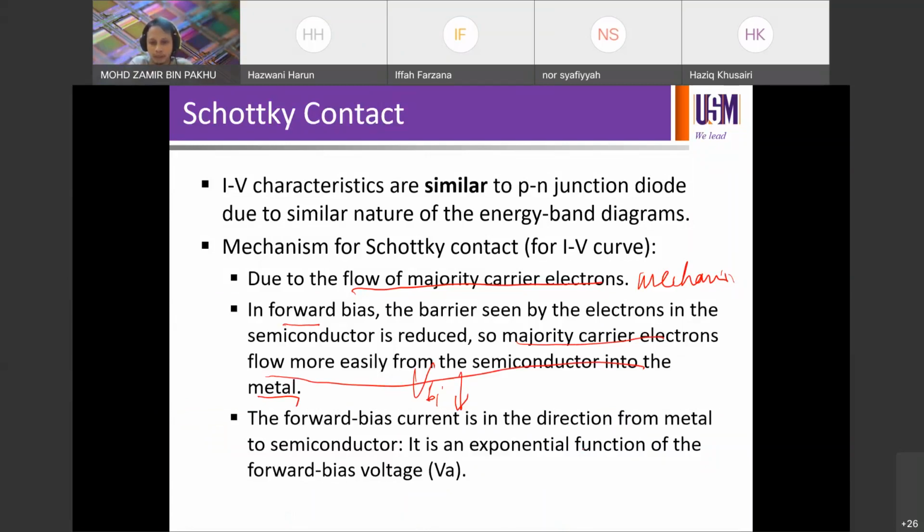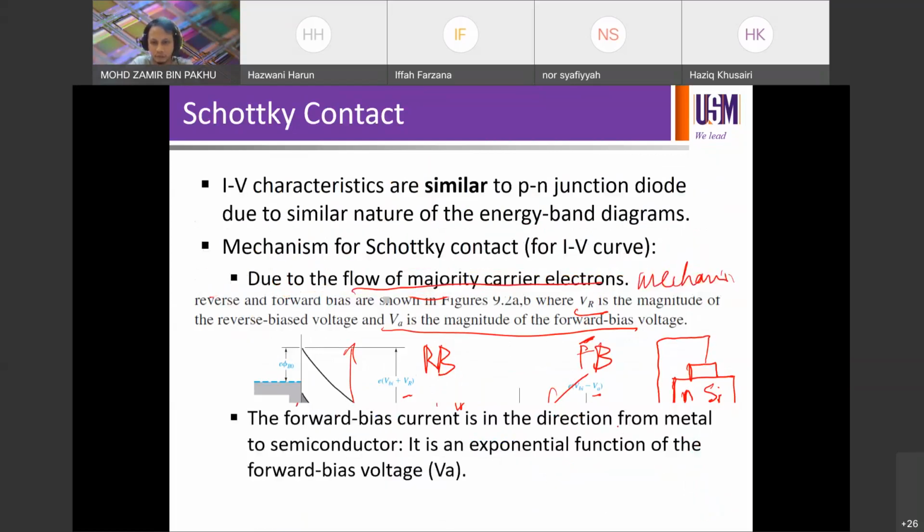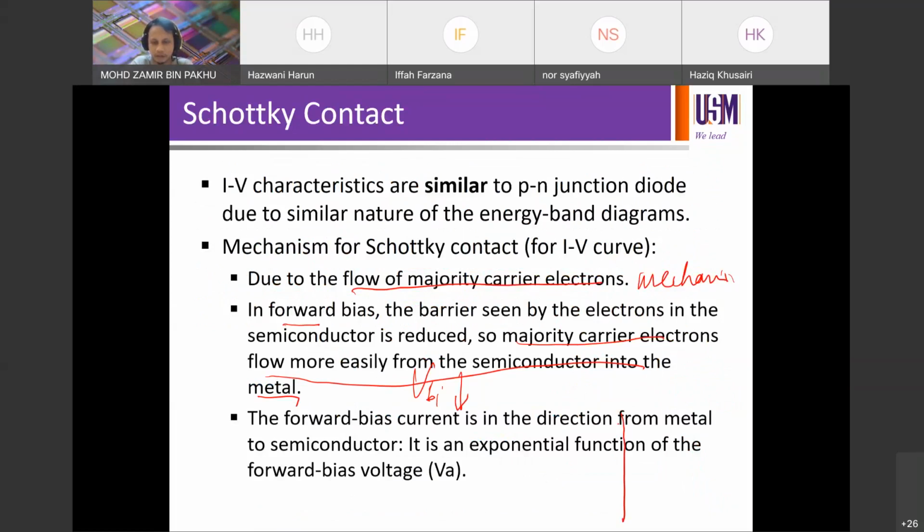Tadi kita tengok direction ya. Metal is on the left, semiconductor on the right. If I draw an imaginary junction interface here, metal belah sini, semiconductor belah sini. Due to the forward bias, electrons flow from right to left, semiconductor to metal.